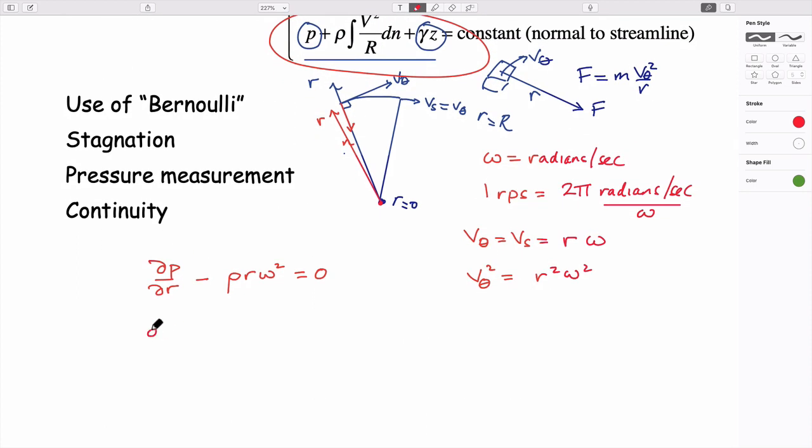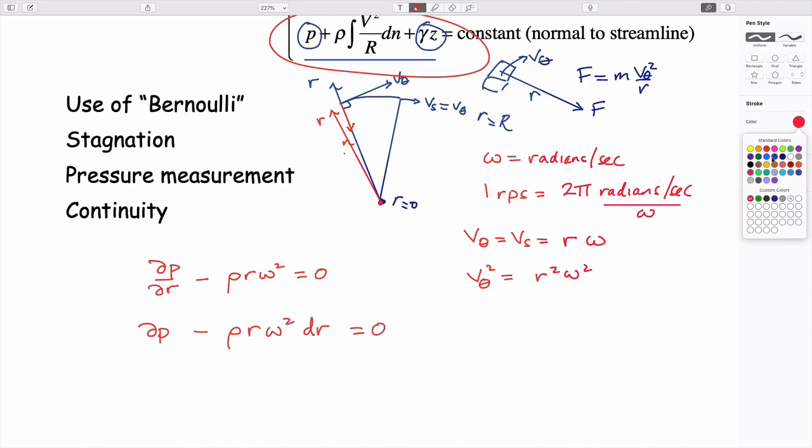We could just multiply both sides by dr, and we could integrate both sides, I guess. And we could divide both sides maybe by rho g.